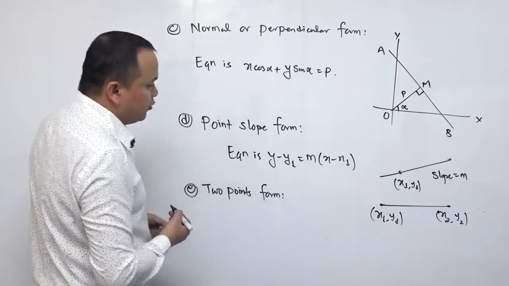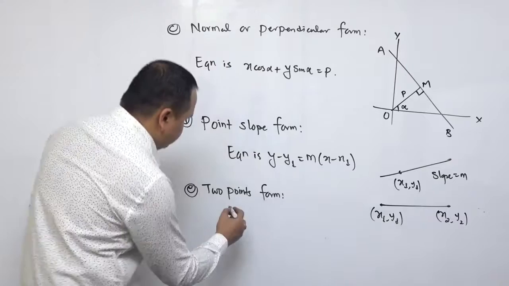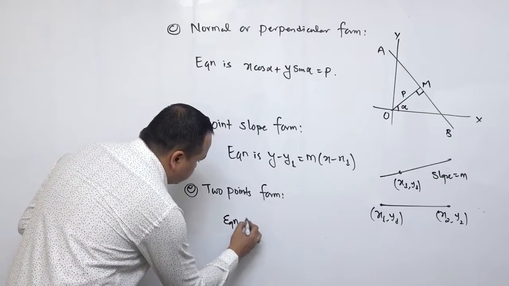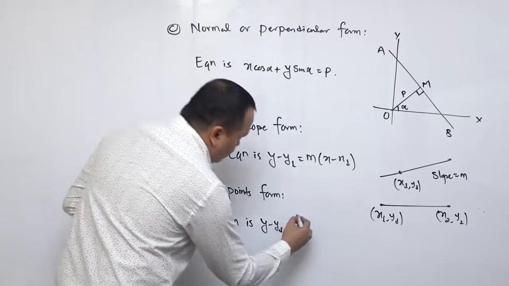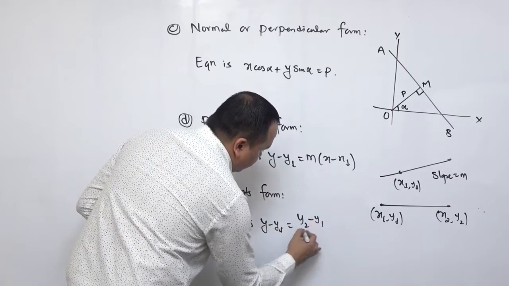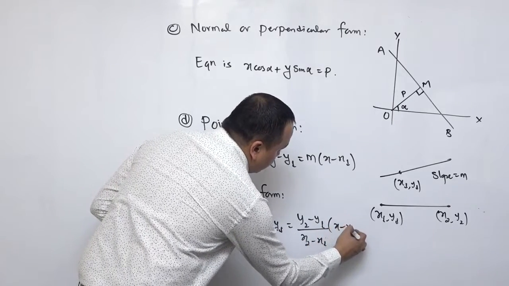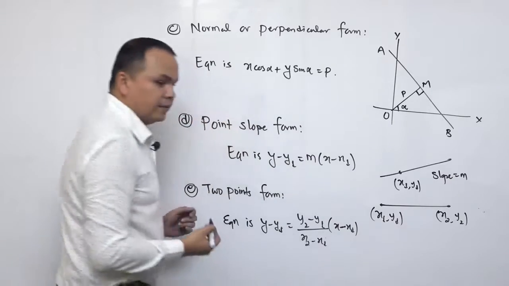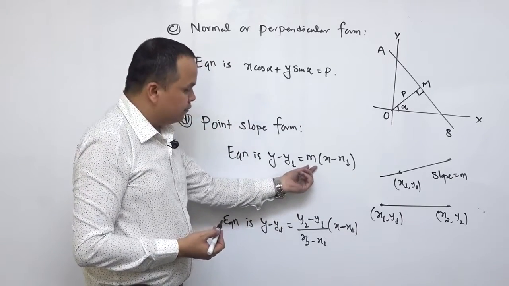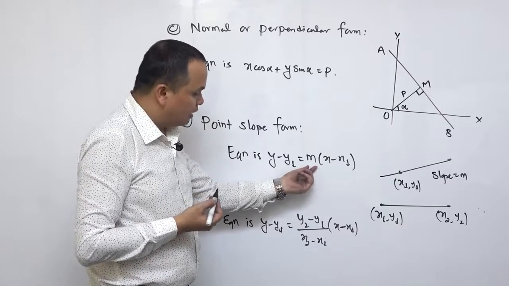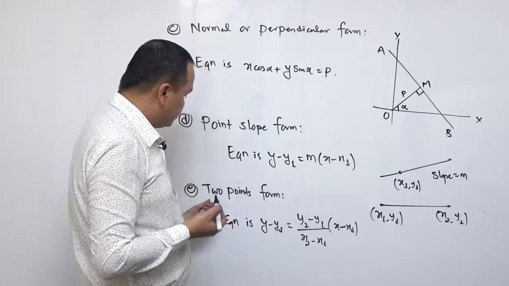Now the equation of the line joining x1, y1 and x2, y2 is y minus y1 is equal to y2 minus y1 upon x2 minus x1 times x minus x1. If we replace m, that is slope, by y2 minus y1 upon x2 minus x1, then we get the two points form.